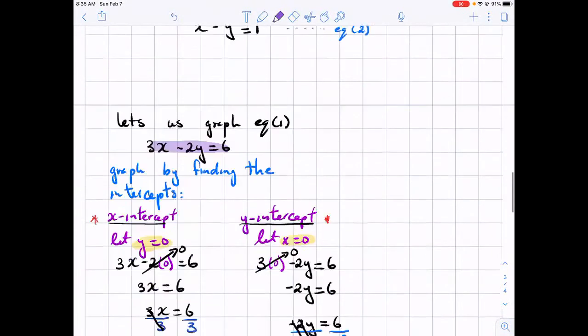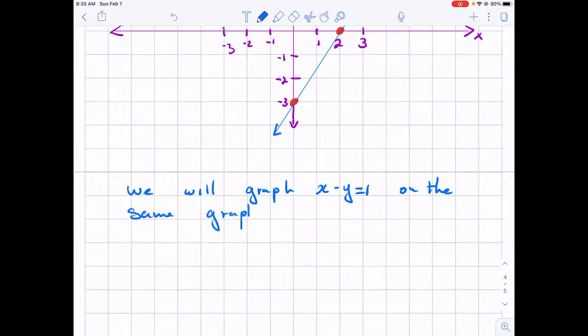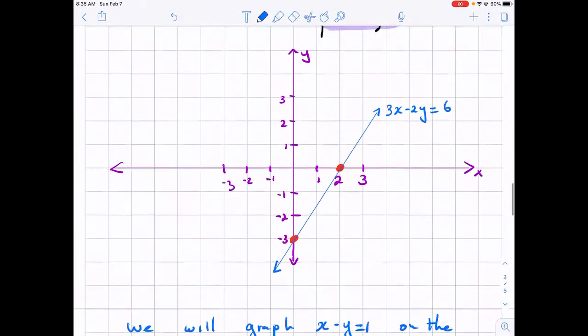So we will now graph x minus y equals 1 on the same graph above. So what this means is that once we get this graph, we're going to go back and graph it on this xy axis here, okay?